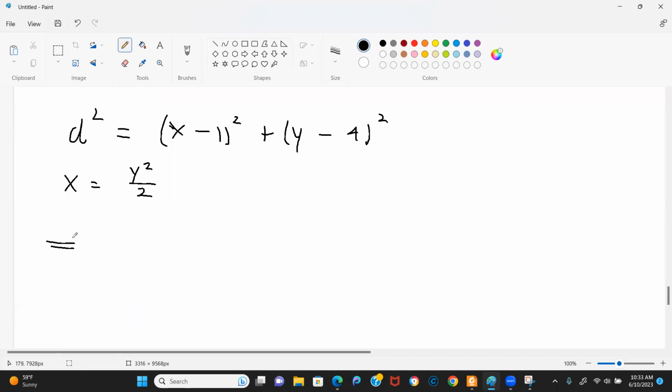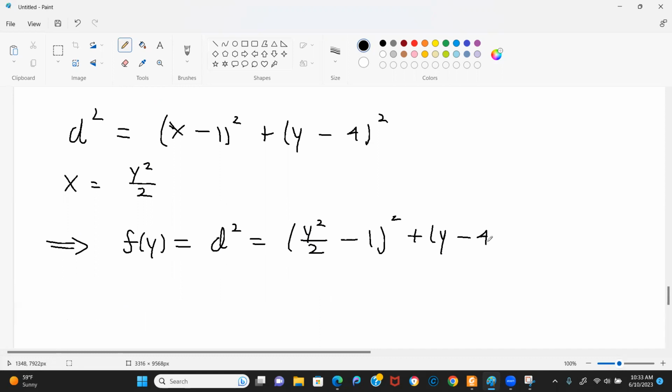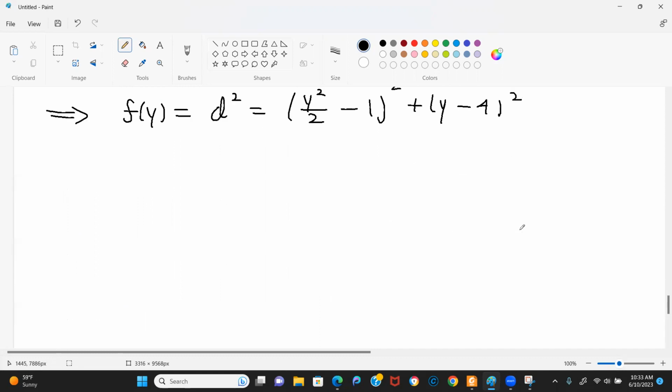So if we substitute that in, we have a function f of y, defined to be d squared, which is (y squared over 2 minus 1) squared plus (y minus 4) squared. And so what we want to do is minimize this function.